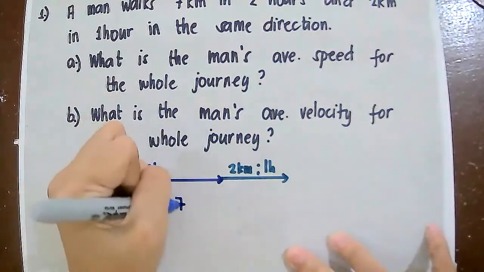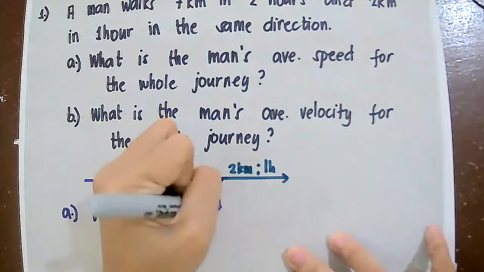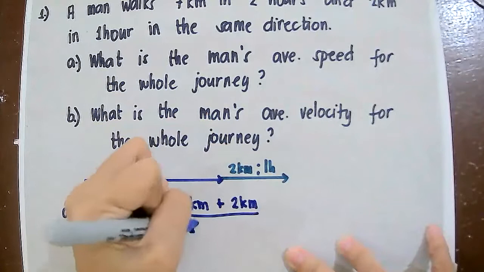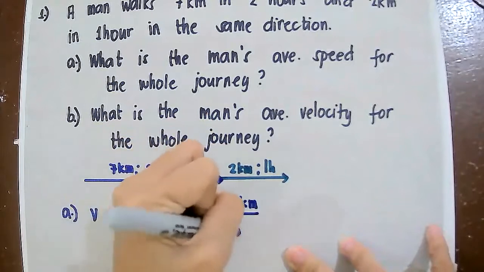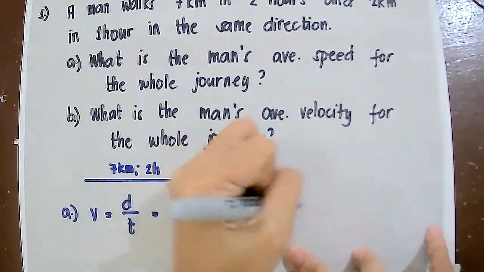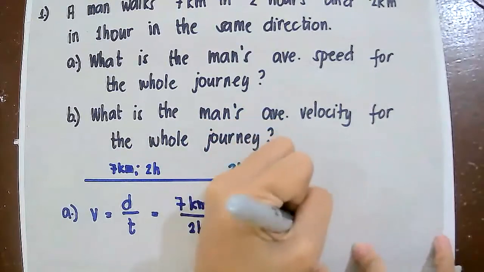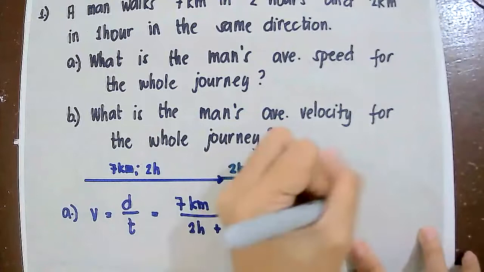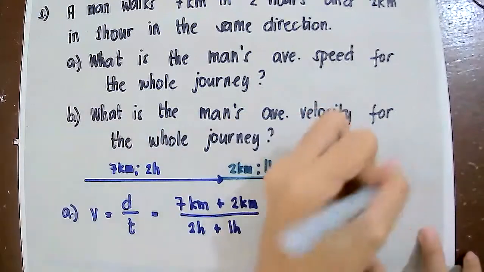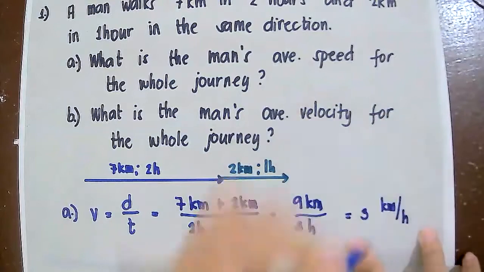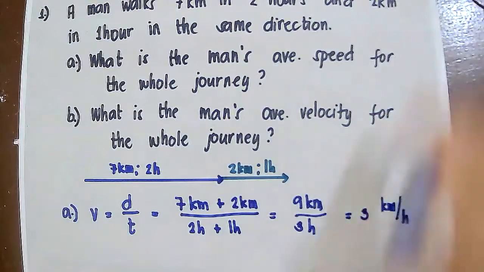So we have here 7 kilometers plus 2 kilometers over 2 hours plus 1 hour. You will have 9 km over 3 h. Then you divide 9 by 3, you will get 3 kilometers per hour. So this is now your speed.